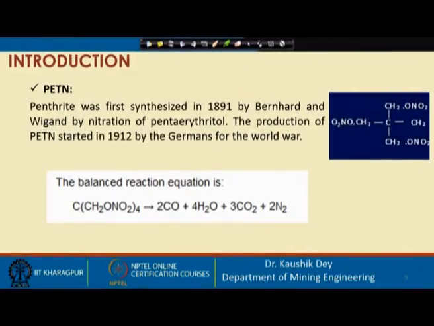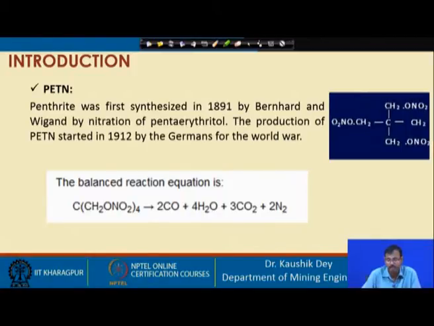The next explosive is pentaerythritol tetranitrate, PETN, which is basically a carbon chain with 4 CH2ONO2 arms. It was synthesized in 1891, and PETN was started as a military explosive during the Second World War.